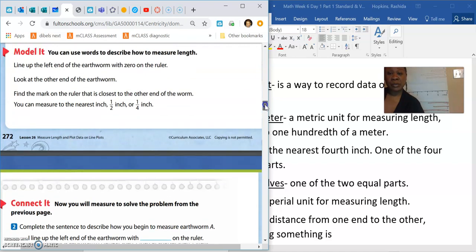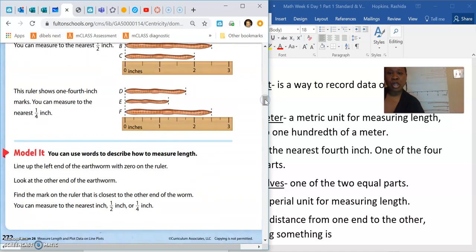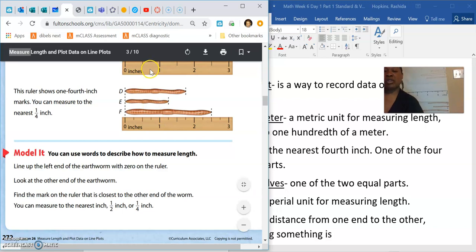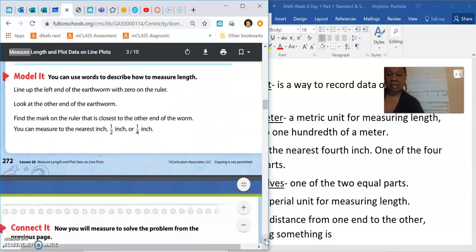So D and E, remember when you're plugging that in, each one of the inches are separated by 4 parts now. 1, 2, 3, 4. And the inches on this first ruler were separated into 2 parts. Okay? So you should be able to fill that in.